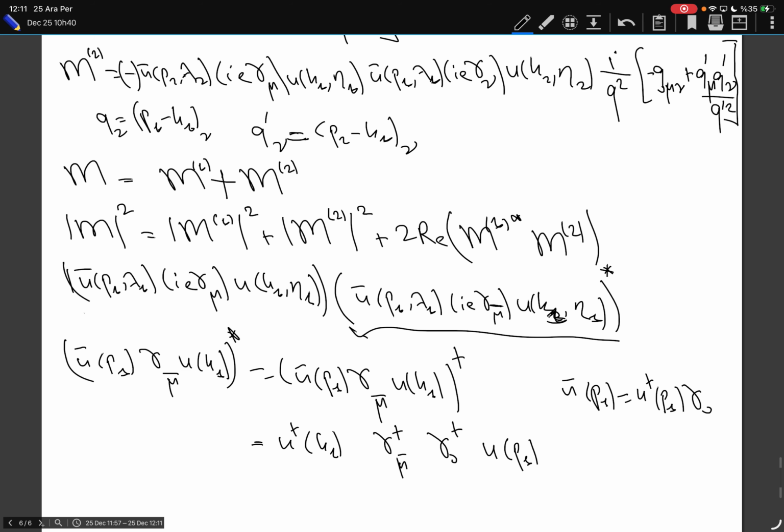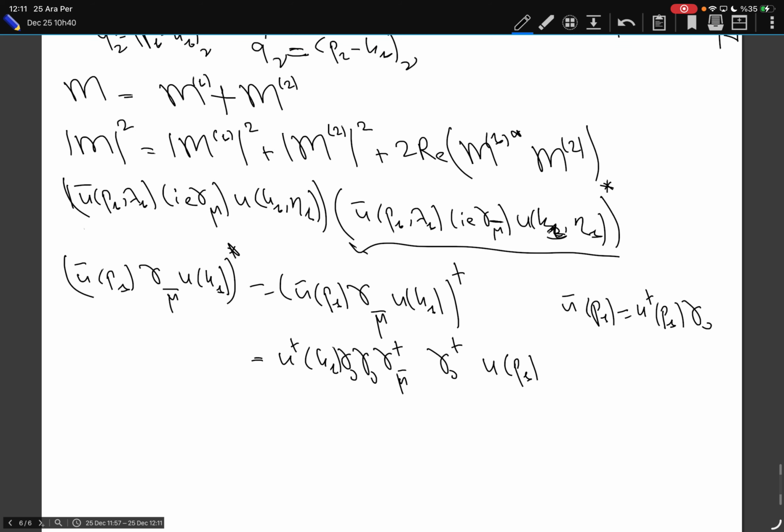Now, I will just introduce gamma 0 here. Why do I do that? Well, gamma 0 squared is 1. Remember, gamma mu dagger, whatever mu is, is gamma 0, gamma mu, gamma 0. So this is equal to u bar k1, gamma mu bar, u p1.